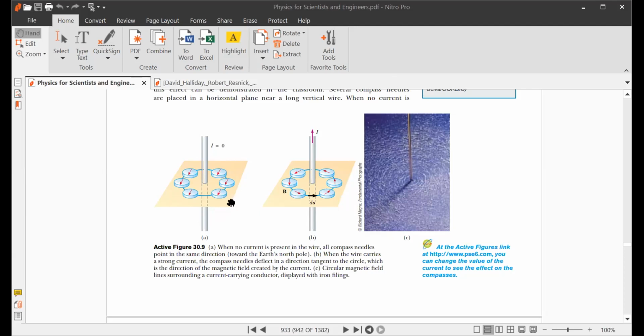The needle of the compass does not move. And if we flow the current I through this wire, the needles of the compass will move. So in this figure C, if you put some iron sand, the pattern will look circular like this.